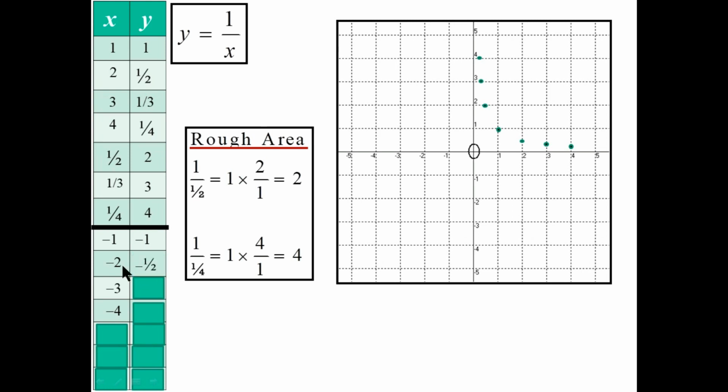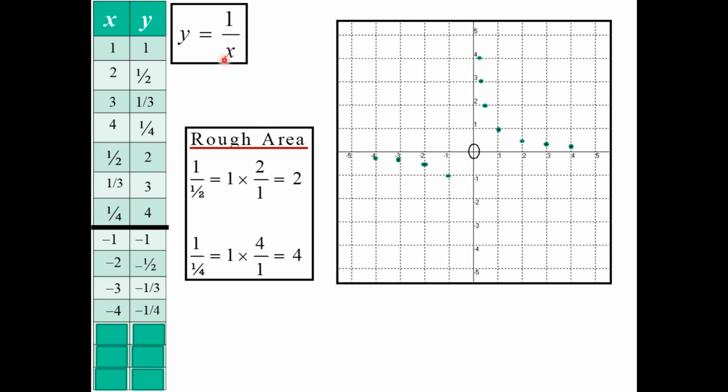And then 1 over -2 is -1/2. And 1 over -3 is -1/3. And 1 over -4 is -1/4. So those points are going on our graph as well, these 4. Let's put them on. (-1, -1) goes there. (-2, -1/2), (-3, -1/3), (-4, -1/4).